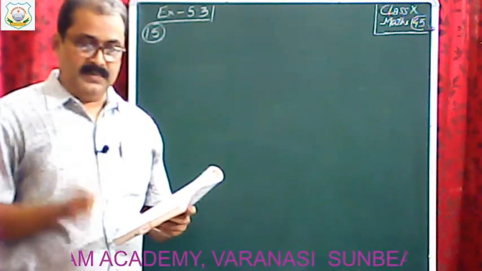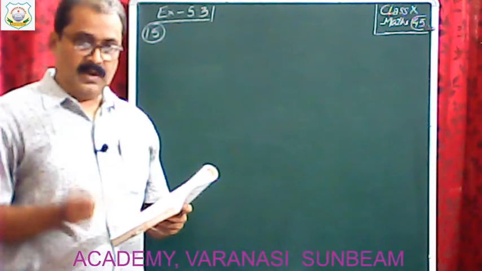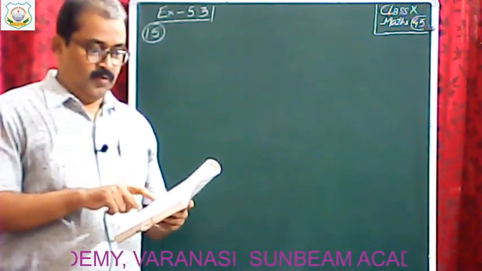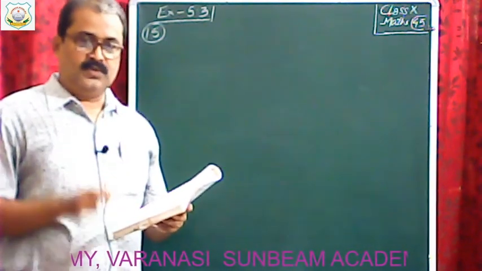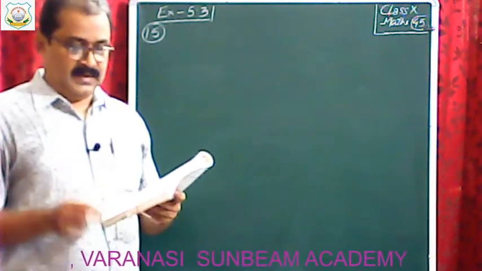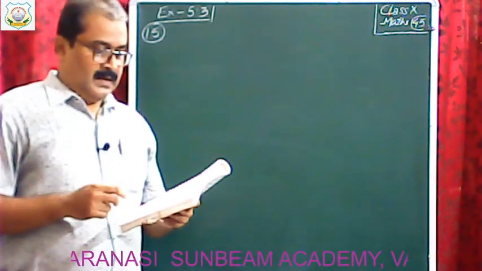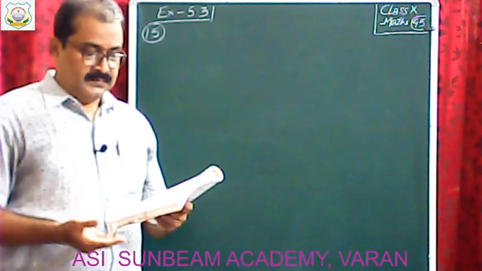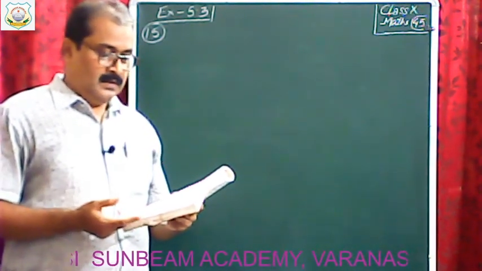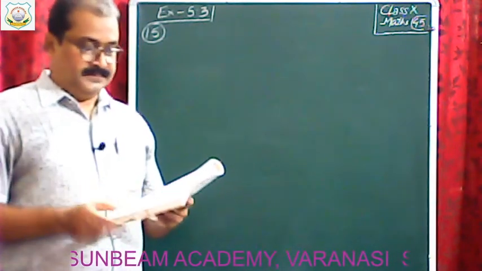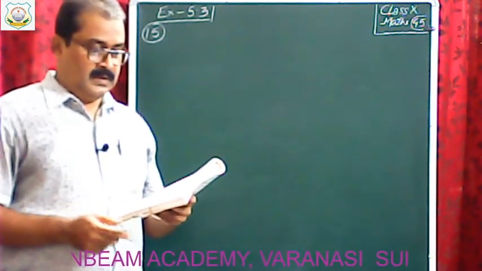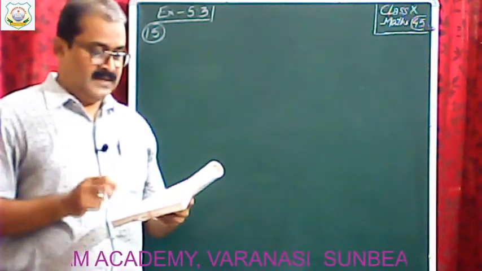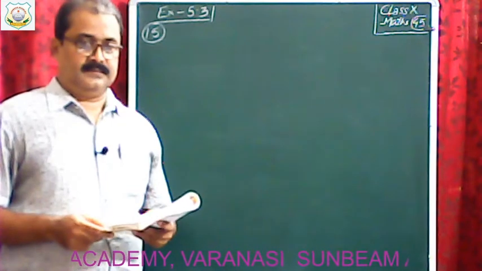For delay of completion beyond a certain date, the penalty is as follows: rupees 200 for the first day, rupees 250 for the second day, rupees 300 for the third day, etc. The penalty of each succeeding day being rupees 50 more than for the preceding day. So how much money the contractor has to pay as penalty if he has delayed the work by 30 days?